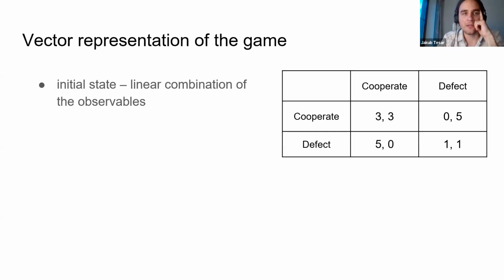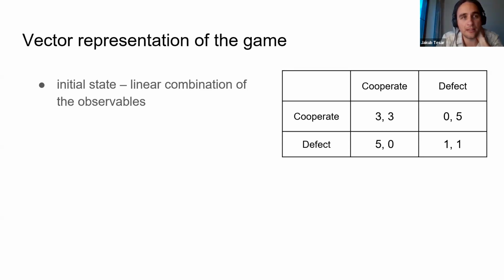And basically, I think the general idea of quantizing the game is to think of the initial state as the linear combination of observables. So something we were covering in this tutorial quite a lot.